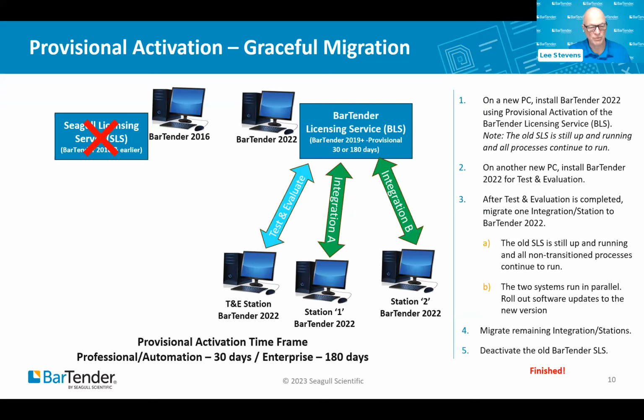The older the BarTender, the more likely that is the case. And so you want to have a new machine with the new OS, the new BarTender, but the templates and the integrations should migrate over with little or no changes required. And then once that's removed, you can go about updating that old PC or repurposing it or retiring it.